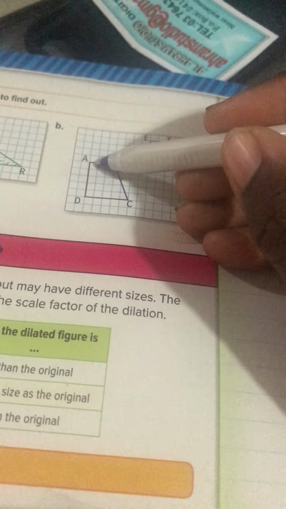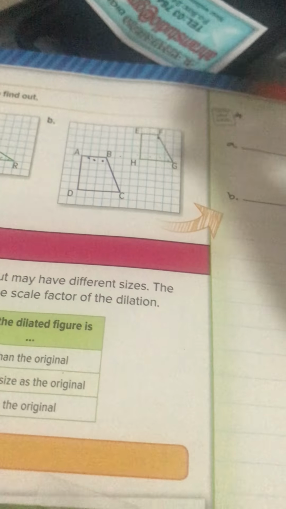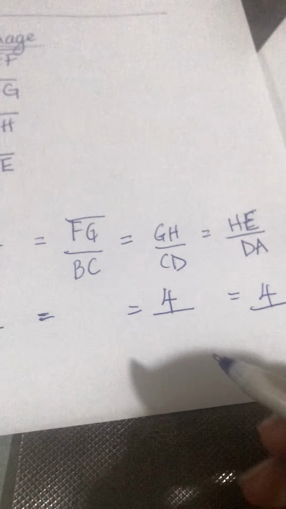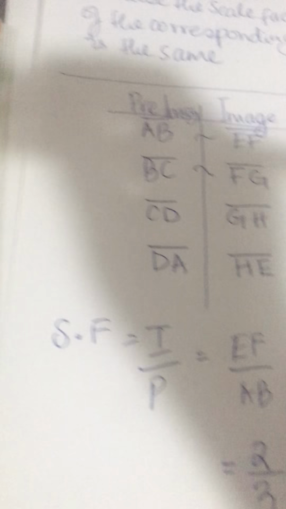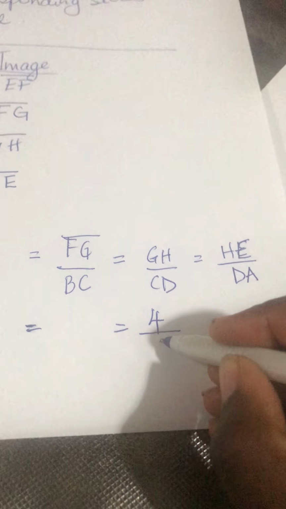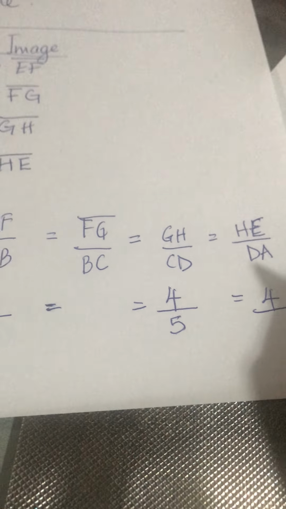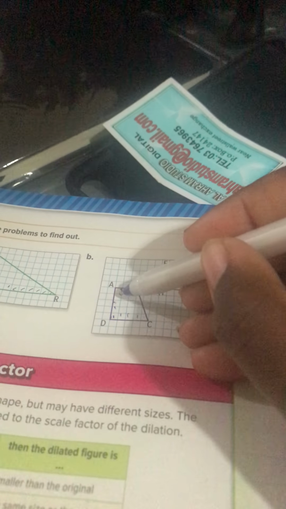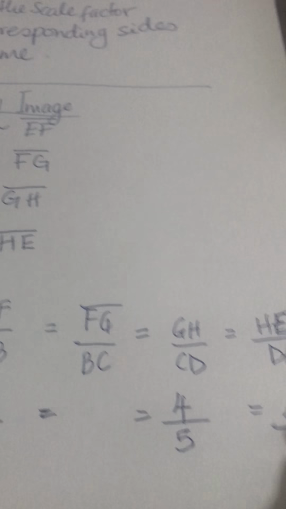Then AB, 1, 2, 3. 3 units. I'm not doing BC because it's diagonal. 1, 2, 3, 4, 5. So DC or CD is 5.